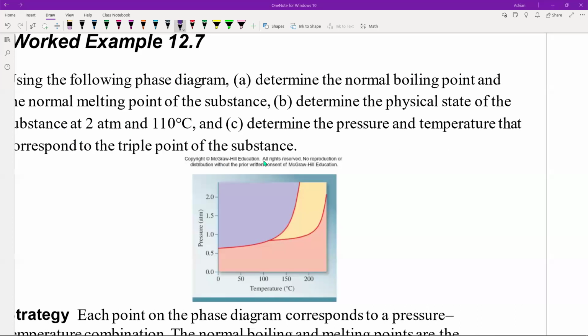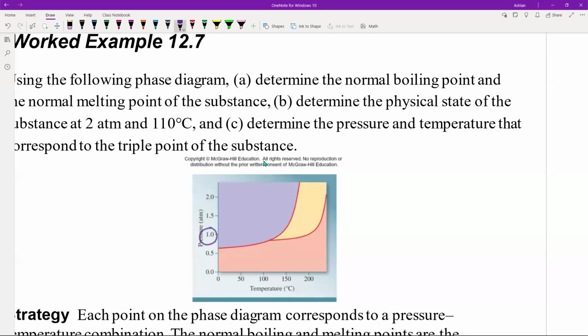All right, so the normal boiling point and melting point correspond to the temperatures at which we go from the liquid to the gas phase and the solid to the liquid phase at 1 atmosphere. So we want to identify the 1 atmosphere.